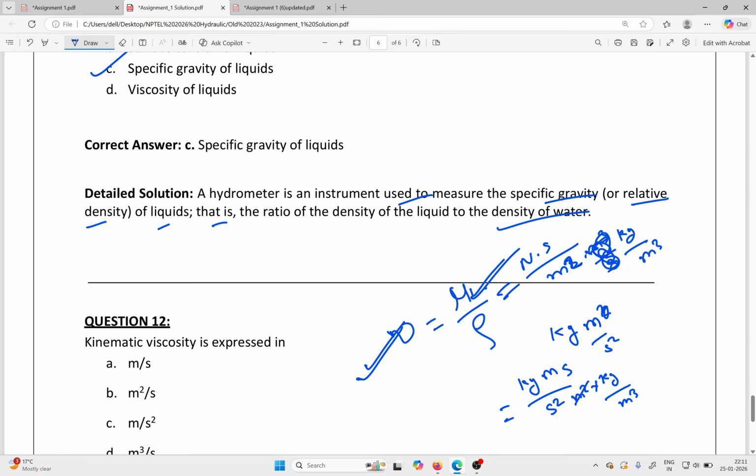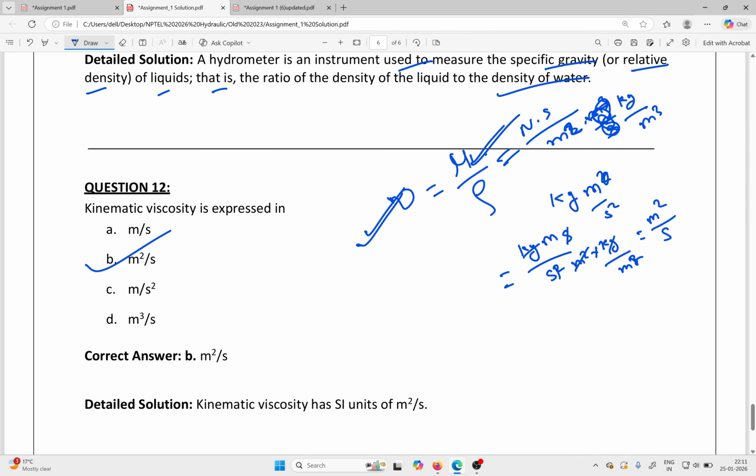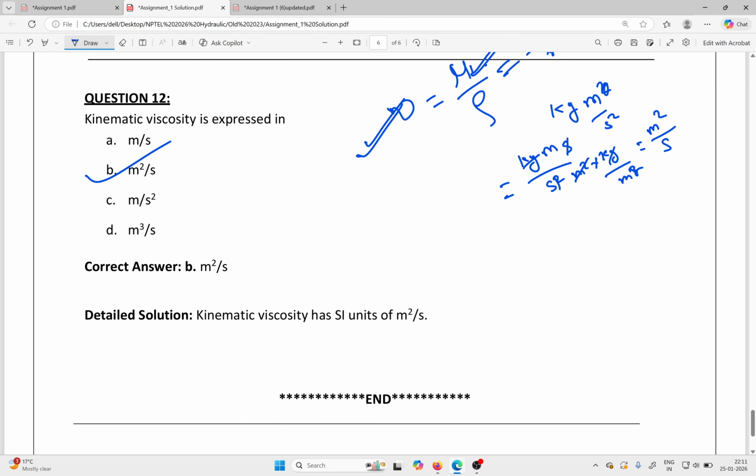The meter square and meter cancel out, second and second cancel out, and kg cancels out. Meter and meter form meter square, so combined you can write meter square per second. Option B will be correct for this. How it is correct, I have told you already. Finally, hope you understand. Your dynamic viscosity is mu del u by del y.